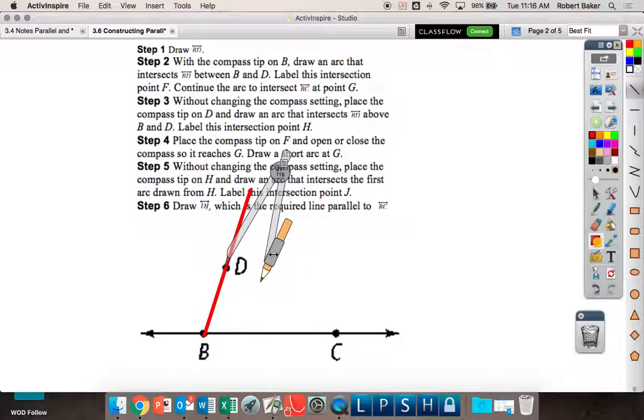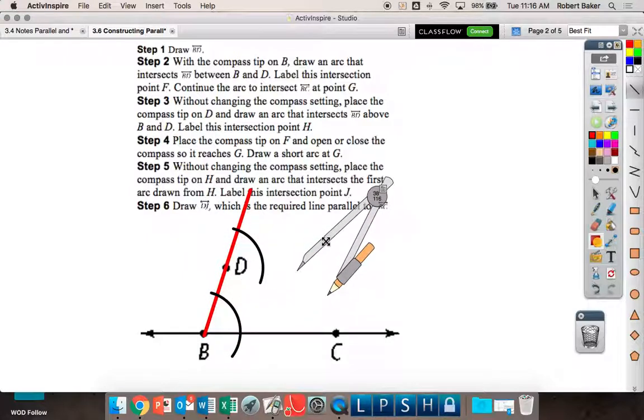It doesn't matter how big your arc is. Once I establish that radius, I am not allowed to change it. Without changing anything, move to the other location, arc.